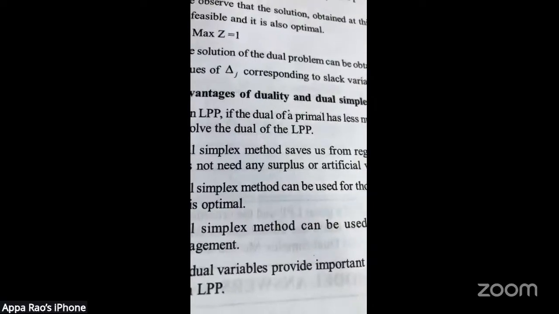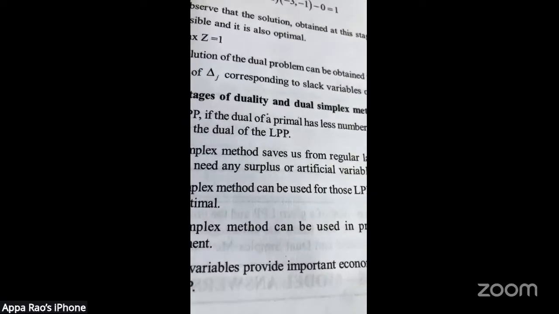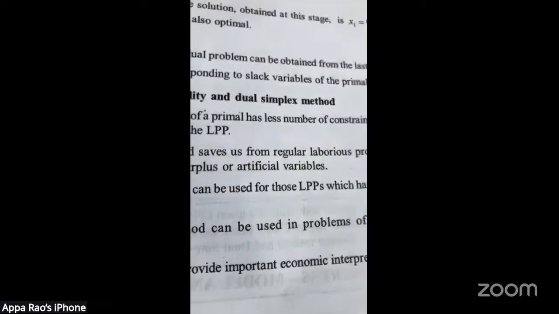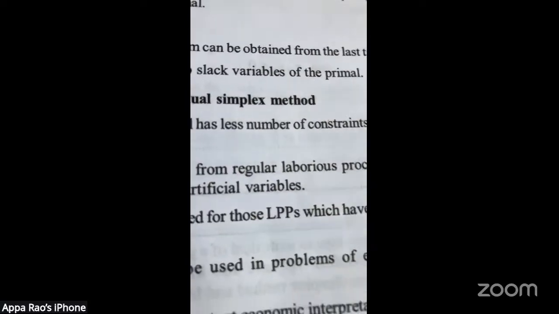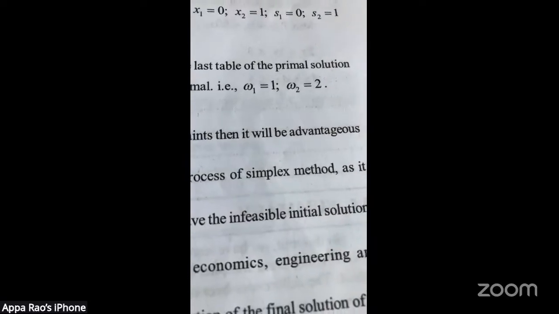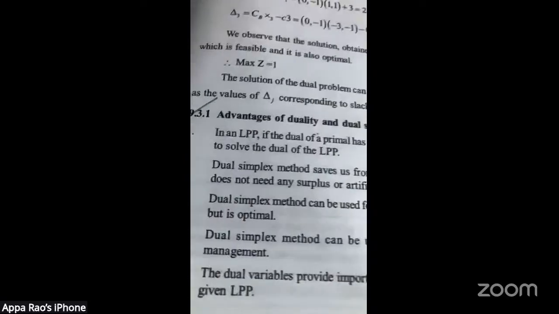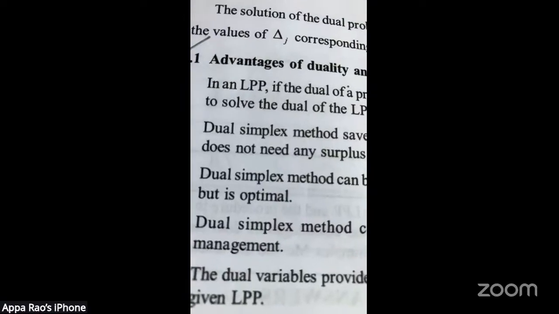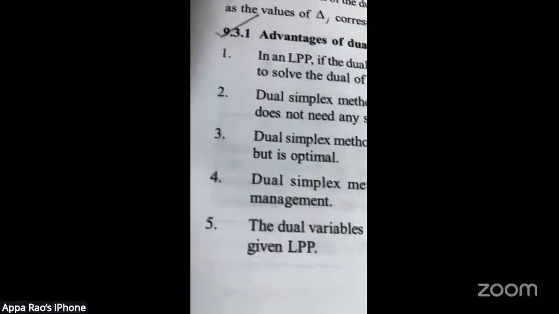If the dual of a primal has fewer constraints, then it will be advantageous to solve the dual of the LPP.